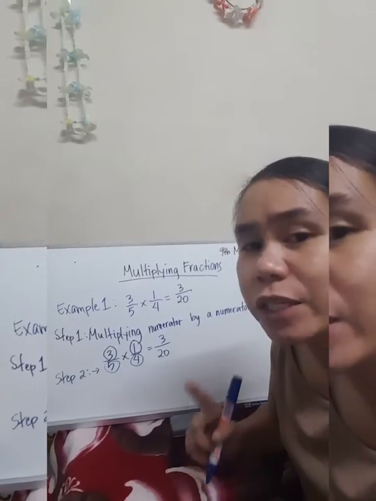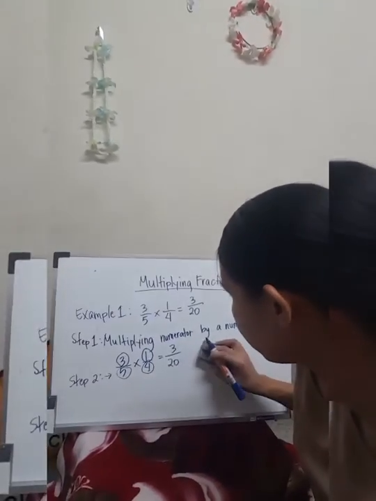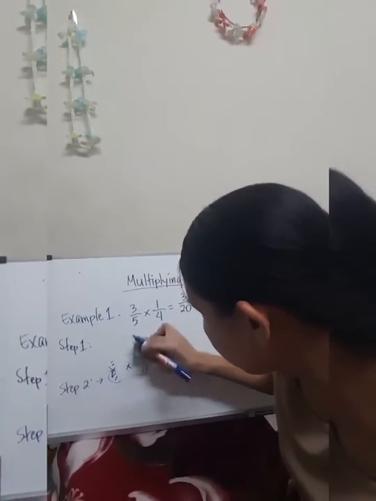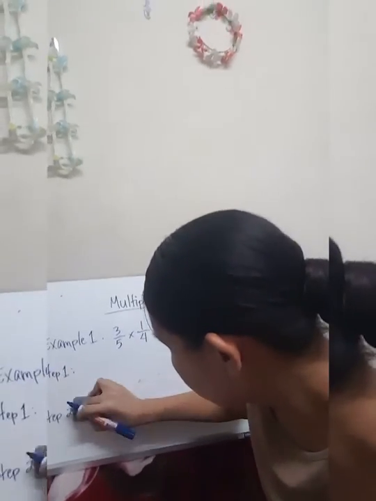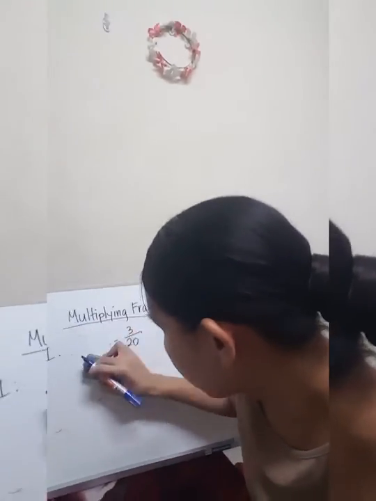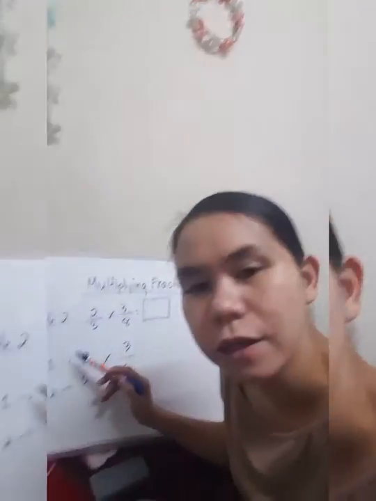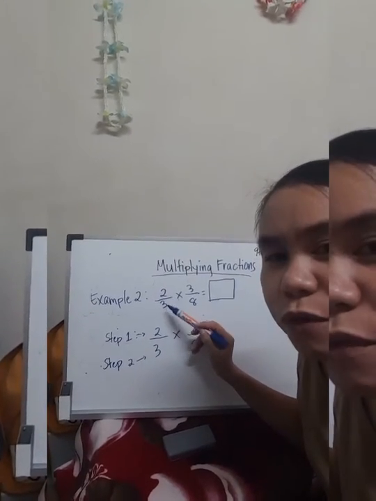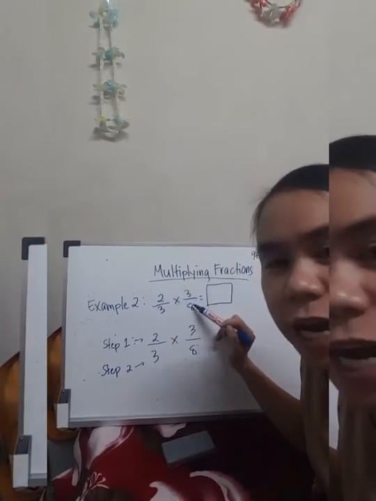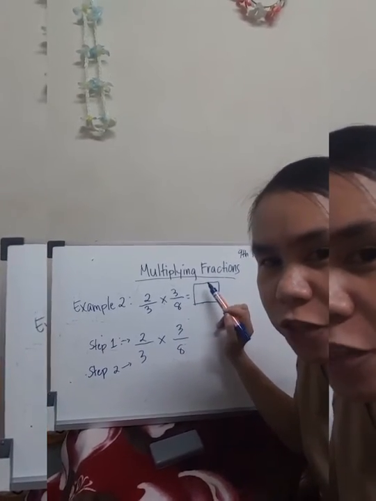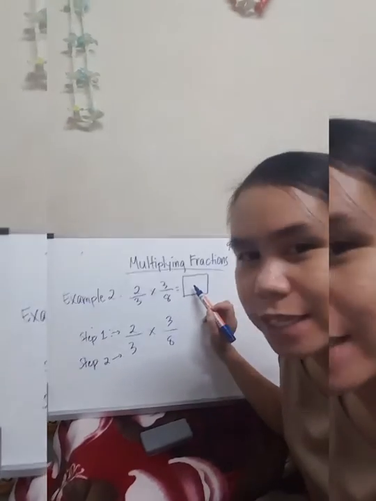So another example. Example number 2: 2/3 times 3/8. The answer is still unknown, so we need to find out what the answer is.